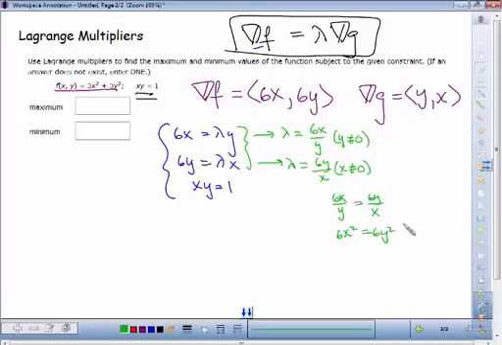And then what? Suppose we replace one of these variables, say we replace y with 1 over x, again provided that x is not equal to 0, and put that in here. You're going to get 6x squared equals 6 over x squared.